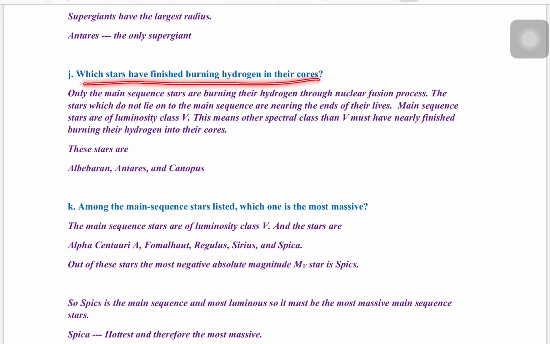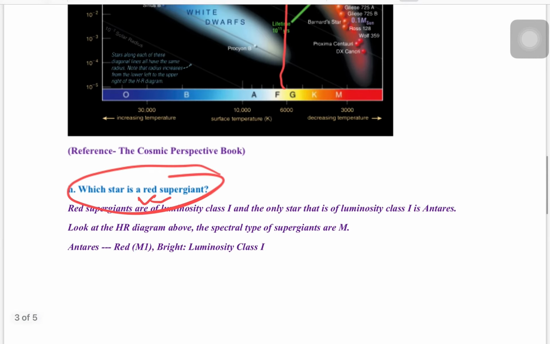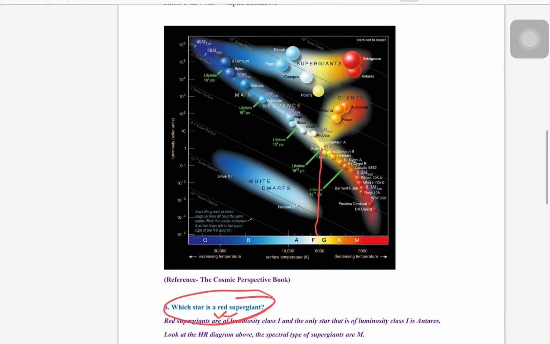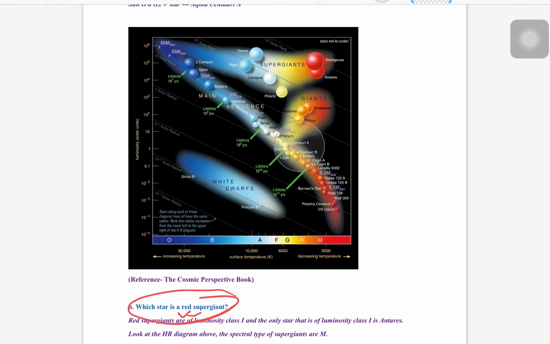Which stars have finished burning hydrogen in their cores? In order to explain this one, I will come back to the HR diagram one more time. If you look at this HR diagram, these are called the main sequence stars. All the stars that lie on this line are called the main sequence.